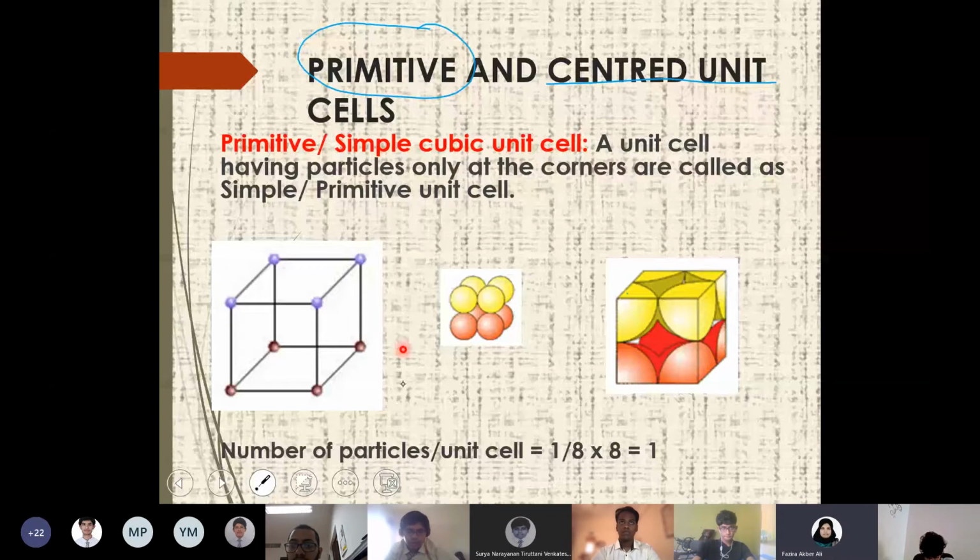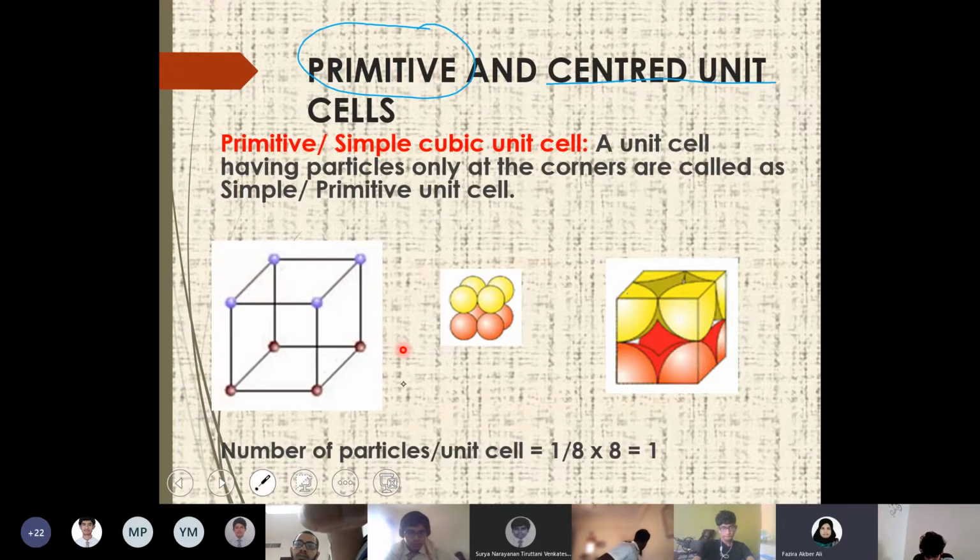So for a cube where length, breadth, height, everything is the same, and alpha, beta, gamma are equal to 90 degrees, that is the most perfect and easy unit cell arrangement, the cubic arrangement. In that simple cube, you have 8 corners, 6 faces and 12 edges.